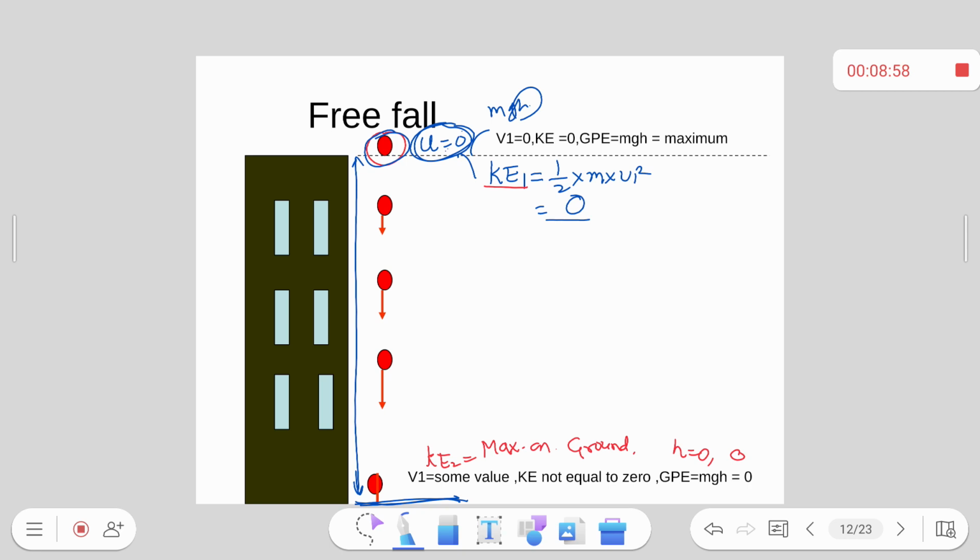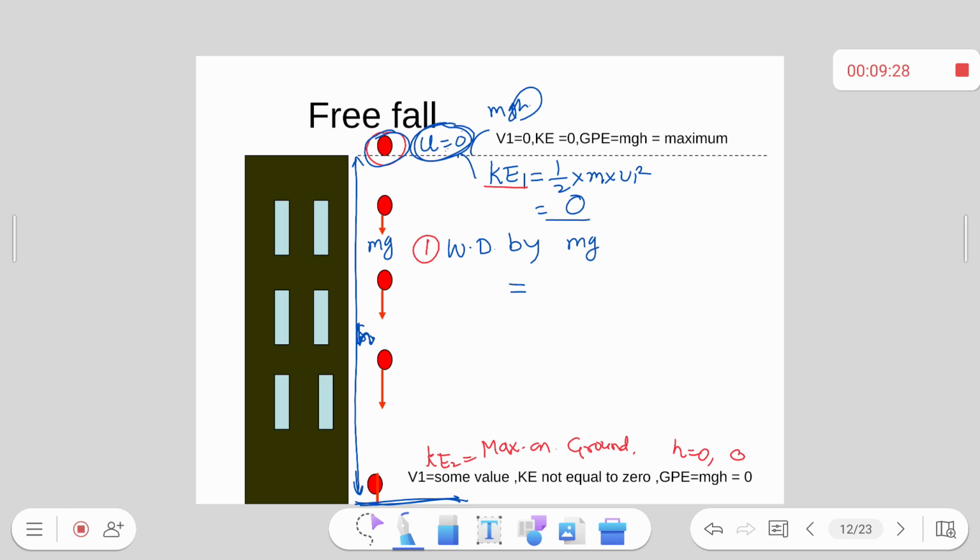I know that if I want to apply the work energy principle, I need to find out work done first. Work done by whom? When I drop the ball, only one force is acting, that is mg. Work done by mg. Suppose the height of the building is h.